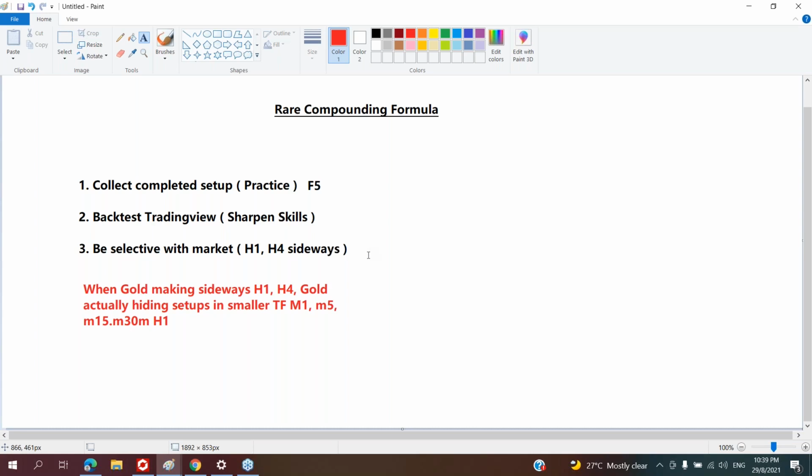So I can say 99% winning percentage, because the rare compounding really goes according to my plan. We use this formula, and you have to be extra careful with it. That's why I say rare compounding has a very high percentage of winning, but it depends on the setups and on your patience.